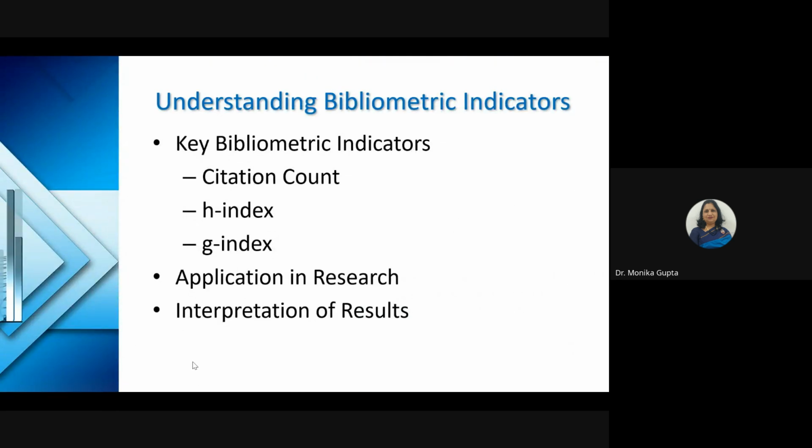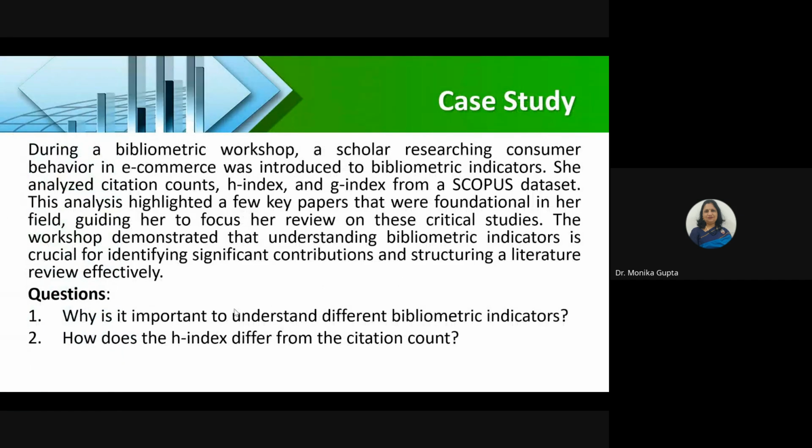Okay. So let us understand it further with the help of a case study. During a bibliometric workshop, a scholar researching consumer behavior in e-commerce was introduced to bibliometric indicators. She analyzed citation counts, H-index, and G-index from a Scopus dataset.